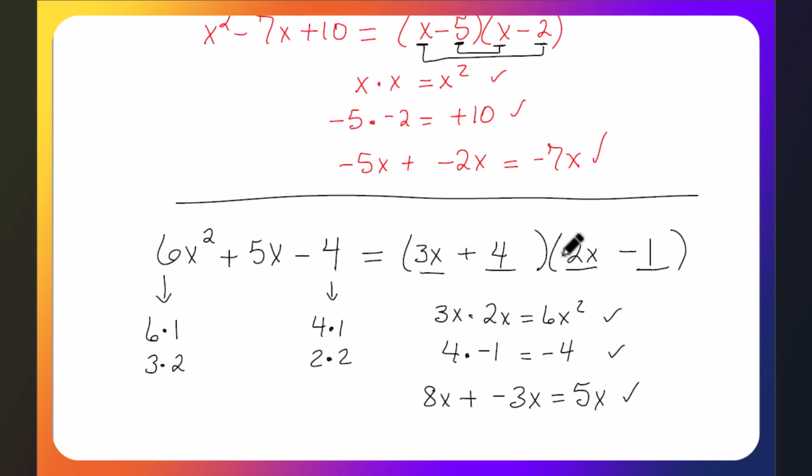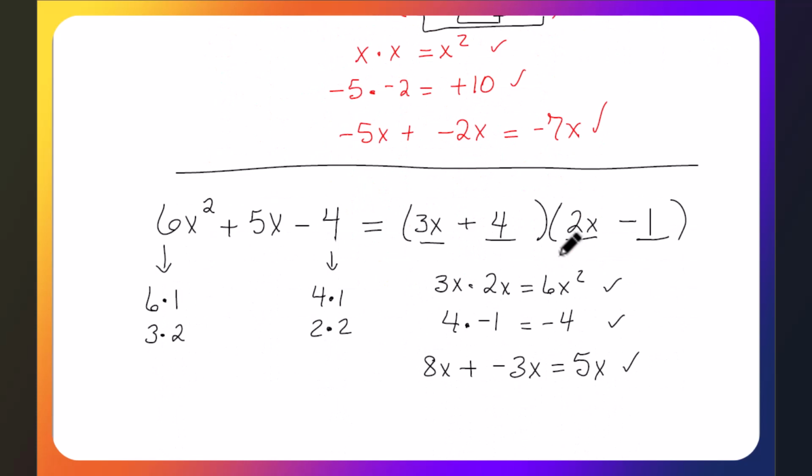Now on the last one, it's much more complicated because I have a 6x squared on the front. And a 6x squared on the front is 6 and 1, and also 3 times 2. The number on the end is a 4, which is a 4 times 1, or a 2 times 2.